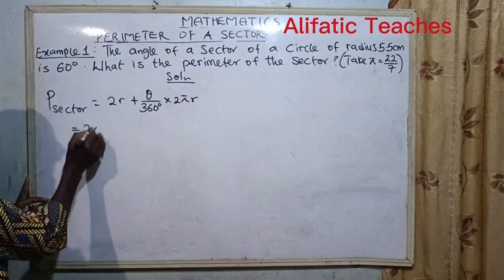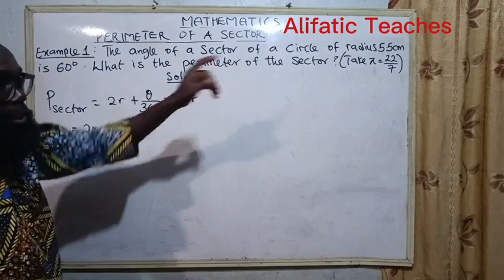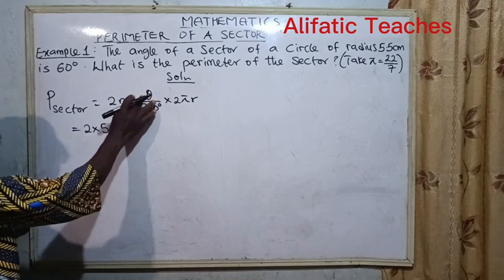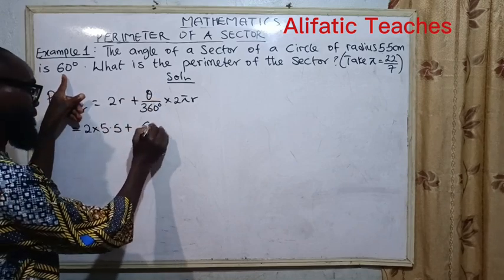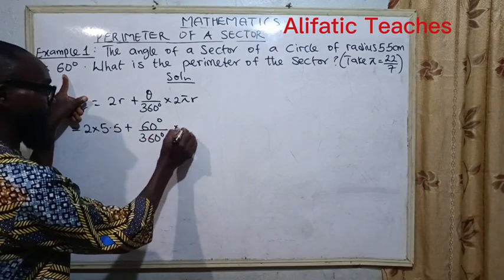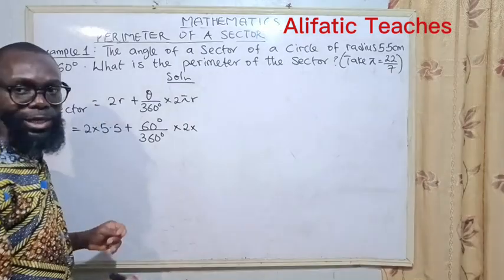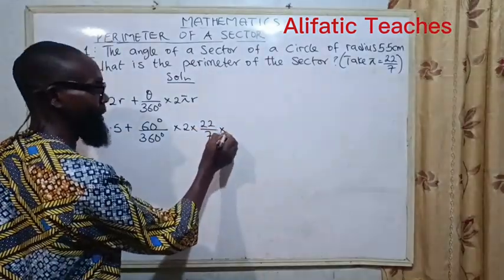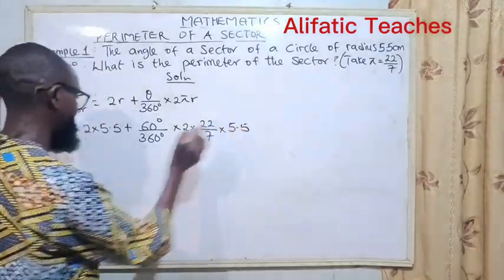So 2 multiplied by our radius, which is 5.5, plus our angle given to us, 60 degrees divided by 360 degrees, times 2, our pi is given as 22 over 7, then our radius 5.5.